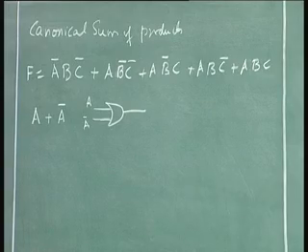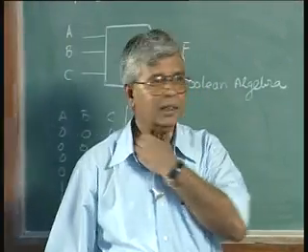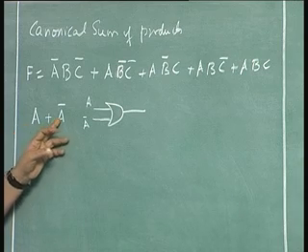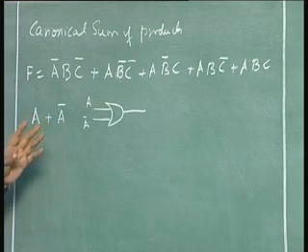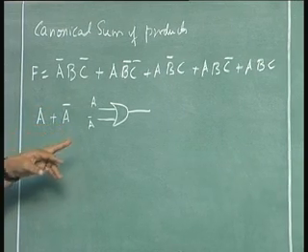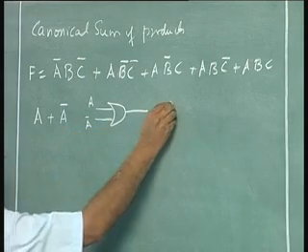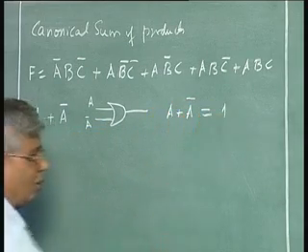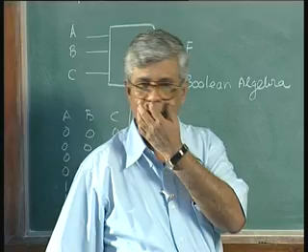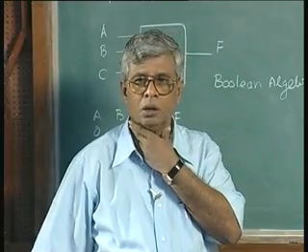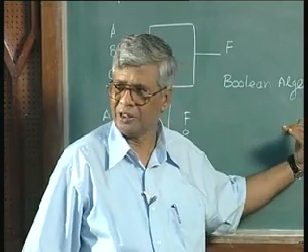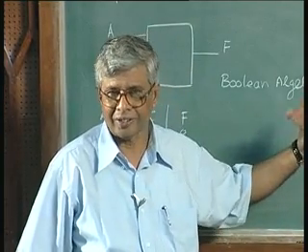The output has to be 1, because if one of them is true, the output is true. If A is true, A bar is false. If A is false, A bar is true. One of them is always going to be true. So, this is the first of the Boolean identities, if you want to call it that. We will only be using such simplification procedures here, not great things.